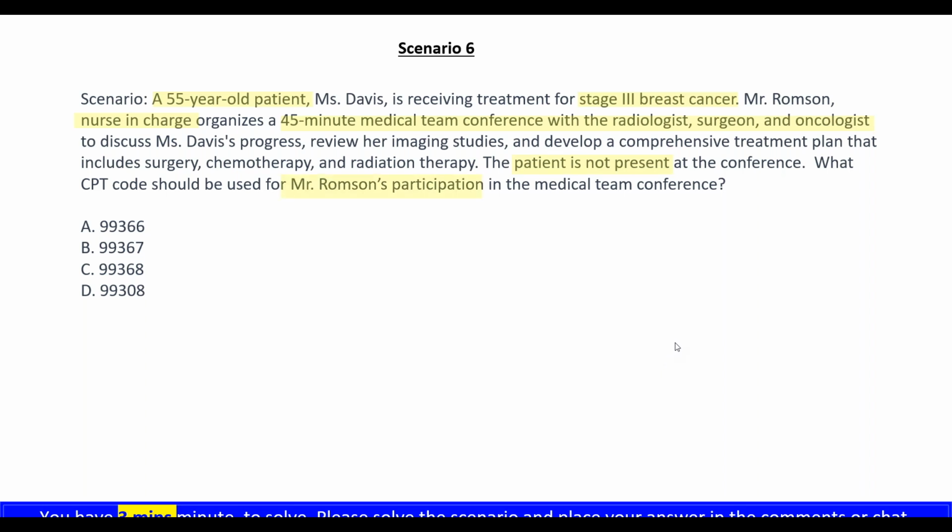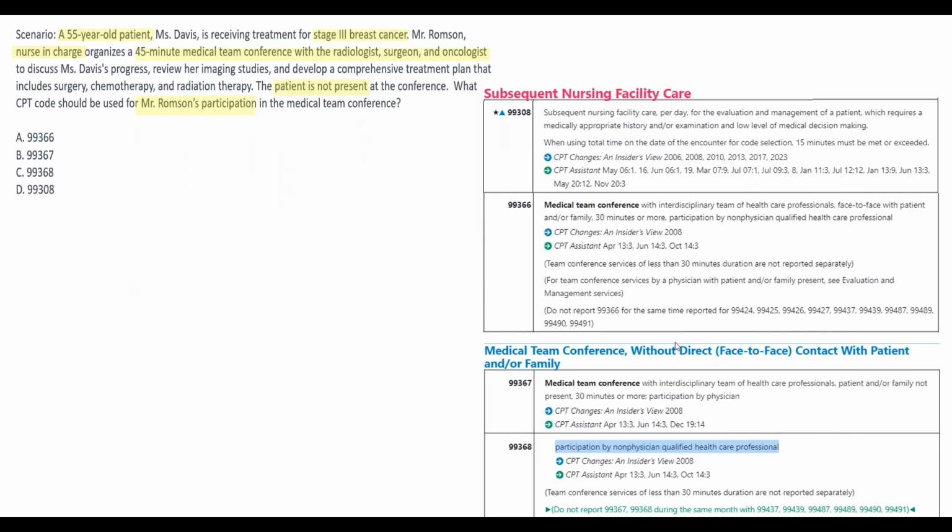What CPT code should be used for Mr. Romson's participation in medical team conferences? And these are our code options. We are coding for Mr. Romson, who is nurse in charge, participation in the medical team conference, and there was a 45-minute medical team conference with a radiologist, surgeon, and oncologist as well.